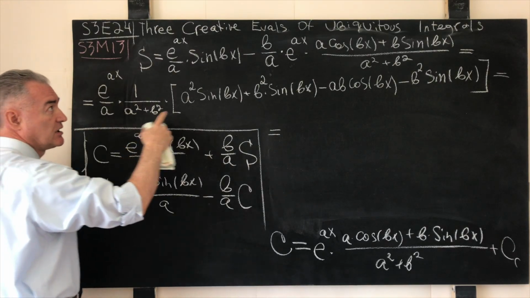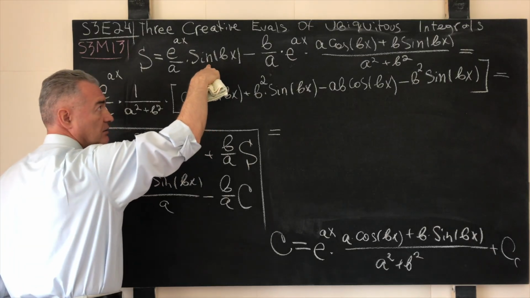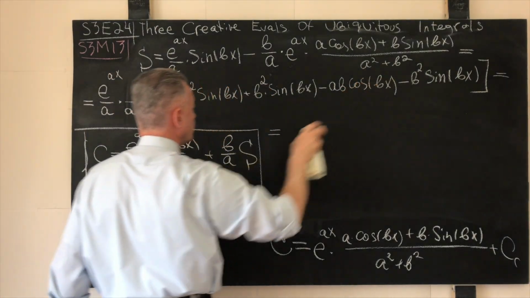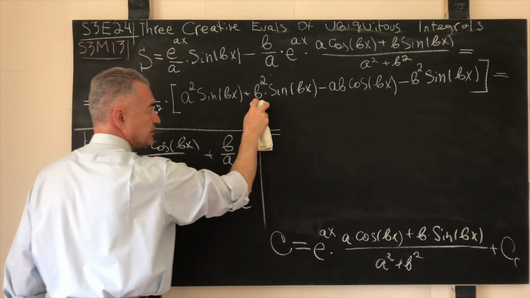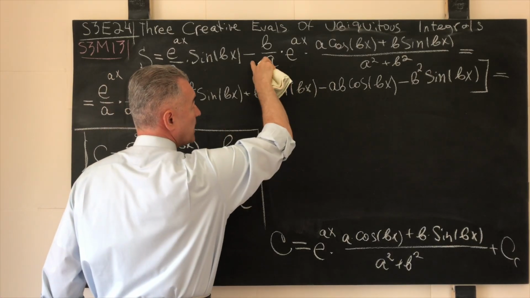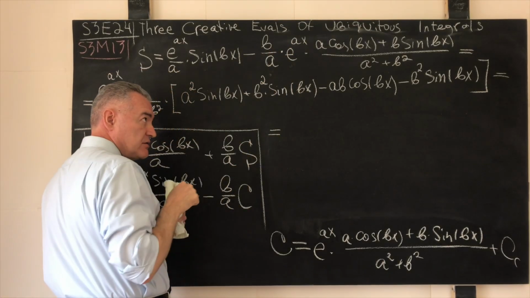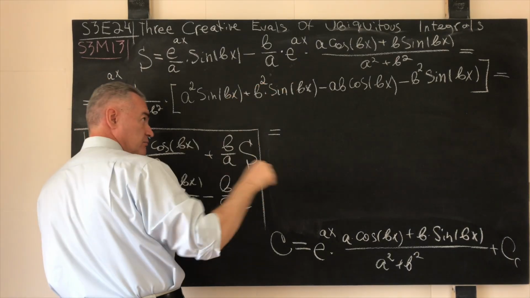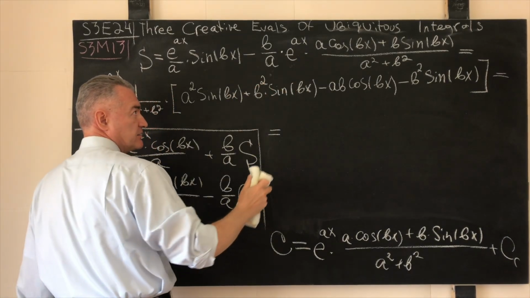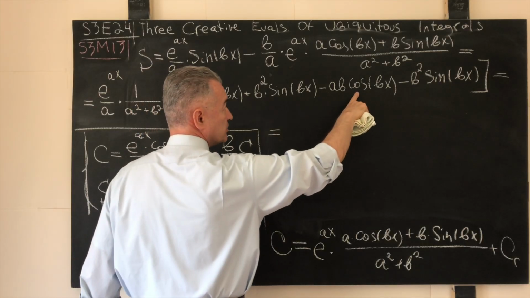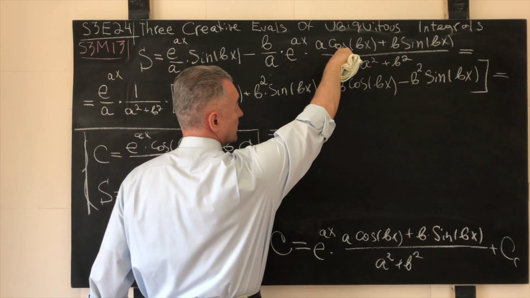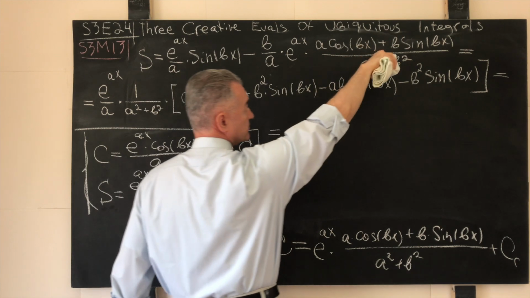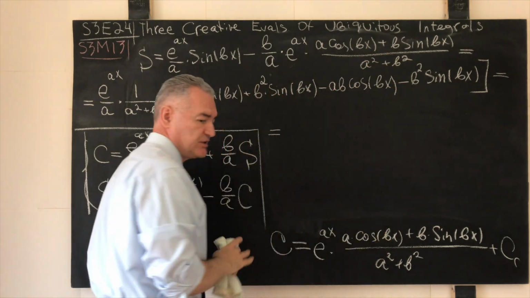And what remains? Well, what remains is the sine of bx multiplied by this sum of squares. A squared sine, b squared sine with a plus sign, minus b that runs through the numerator and bumps everybody in its way. AB times the cosine, AB times the cosine with the minus sign, minus b squared. So what do we see now?